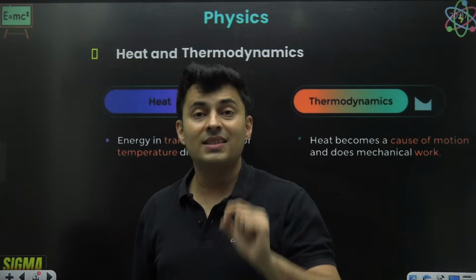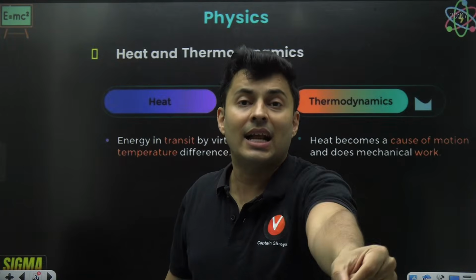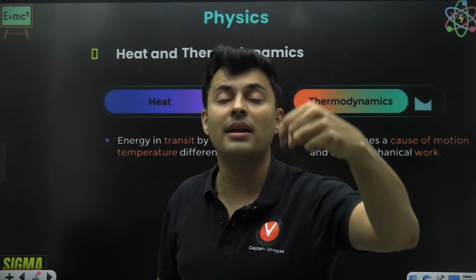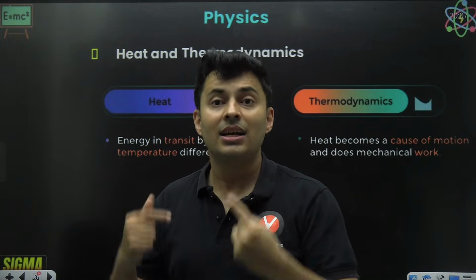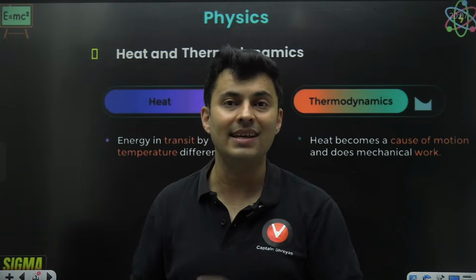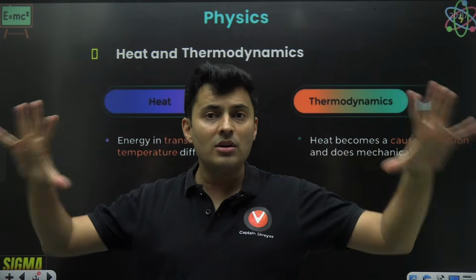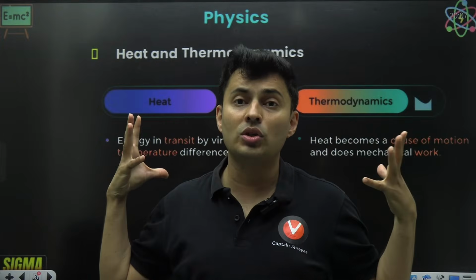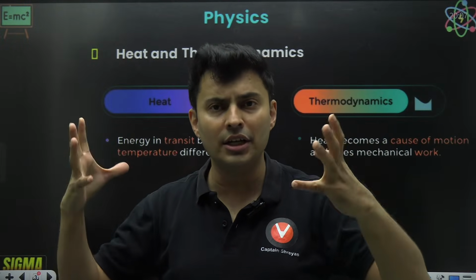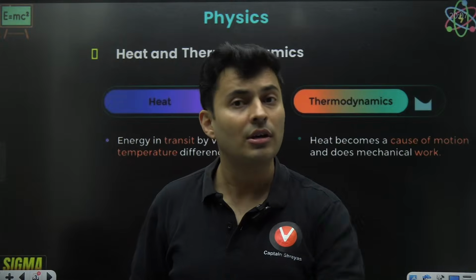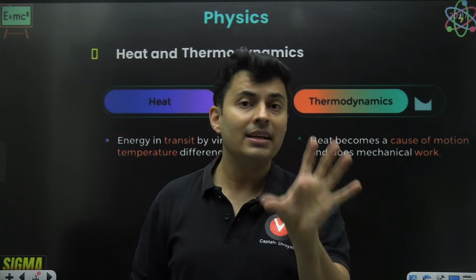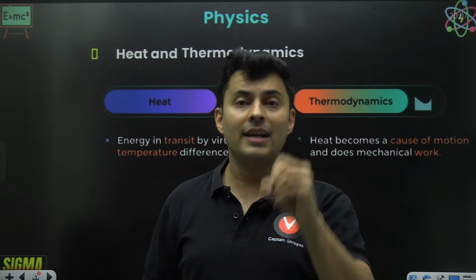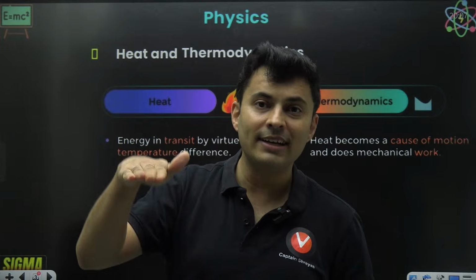So these laddus which are in transit, which are being transported, that is considered as heat. You cannot say that Shreyas Sir has 100 laddus, so Shreyas Sir's heat is 100 laddu energy. No, wrong. Heat is never in rest. Heat is always in transit.